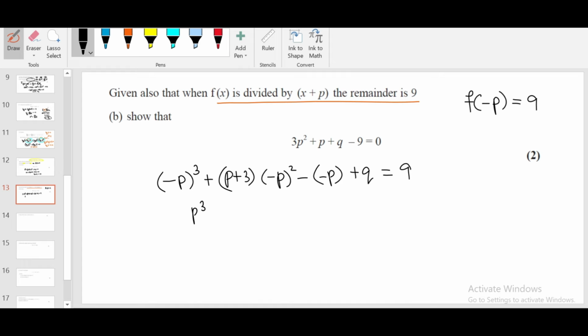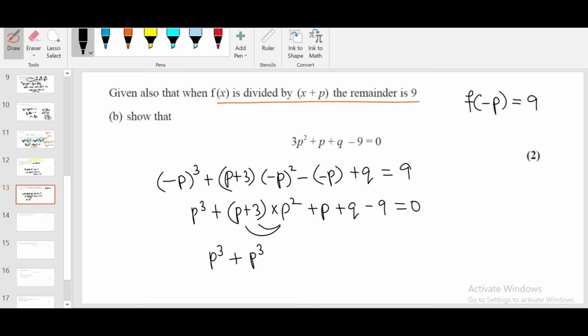Minus p cube plus p plus 3 times minus p whole squared, which is just p squared, negative times negative, plus p plus q minus 9 is 0. So here open the bracket, you will get p cube plus p cube.